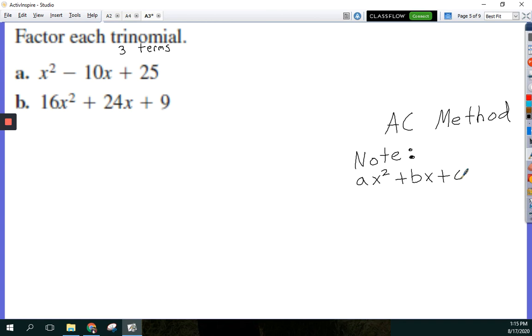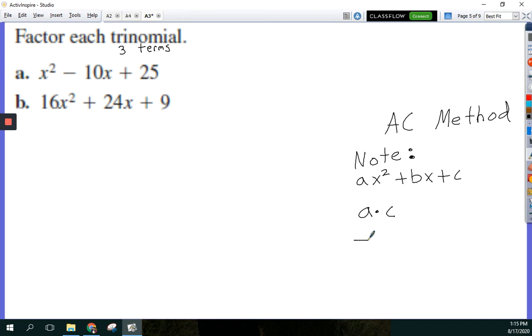So when I talk about a and c, I'm talking about those coefficients, the leading coefficient of a and my number of c. So my first step is going to be to multiply a times c.